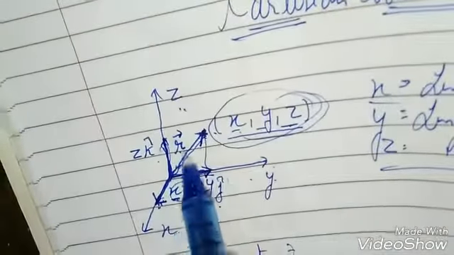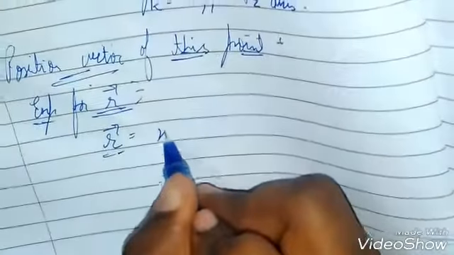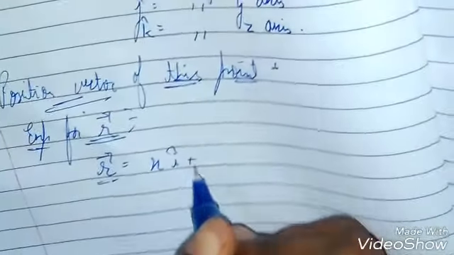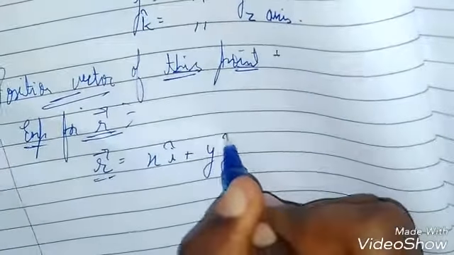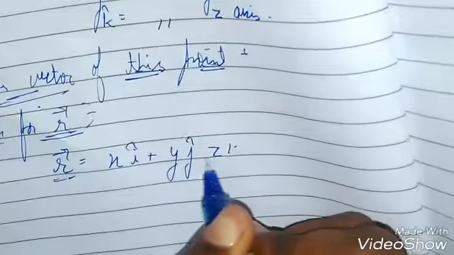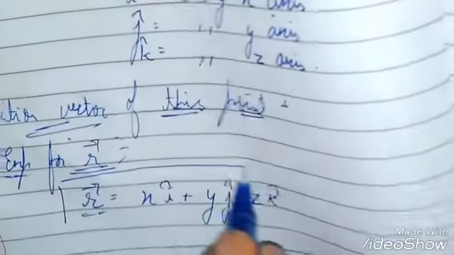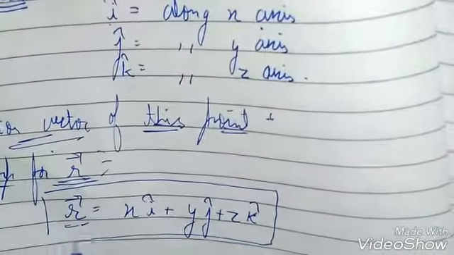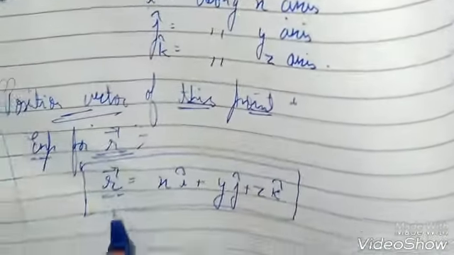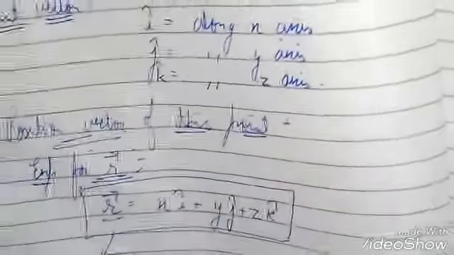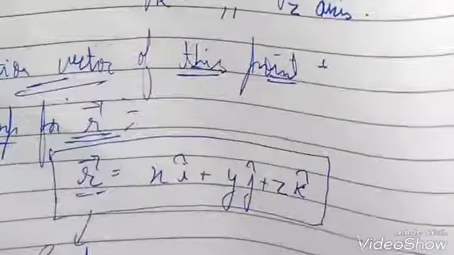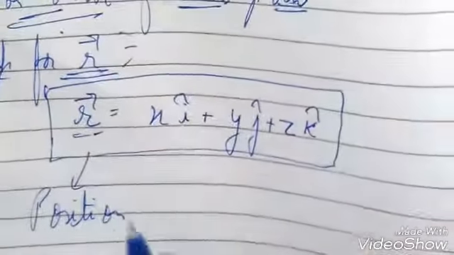It is not in the YZ plane, it is in 3D. R vector can be written as x i cap plus y j cap plus z k cap. This is the expression for a position vector in the Cartesian coordinates. It is the position vector of any point having coordinates x, y and z.